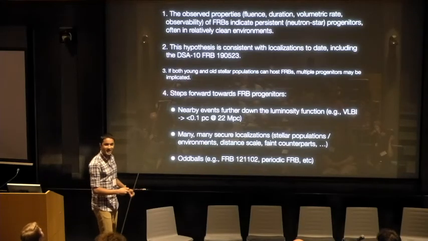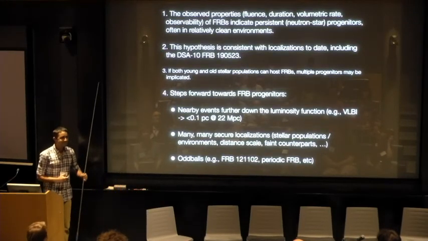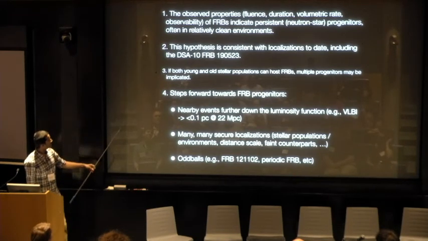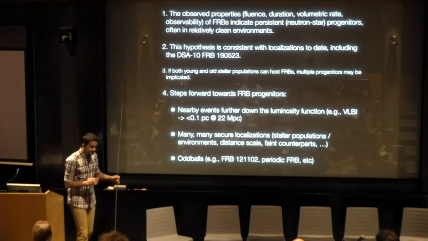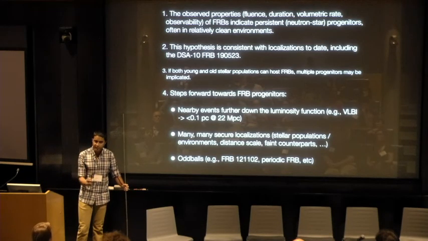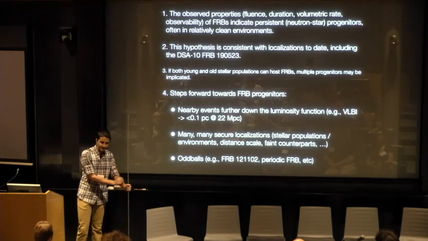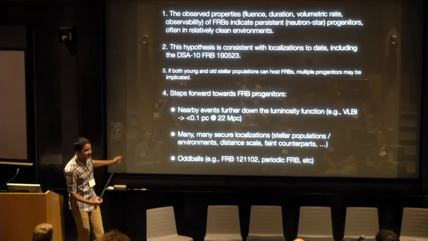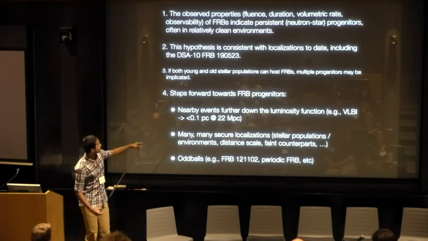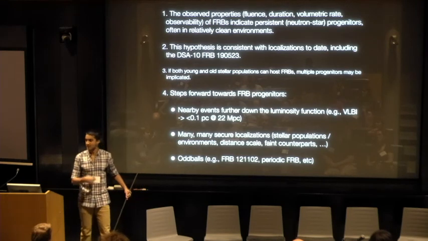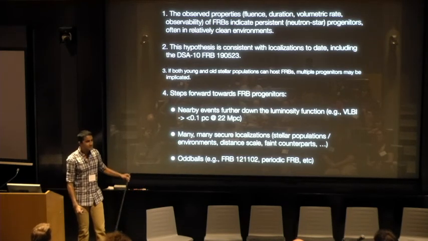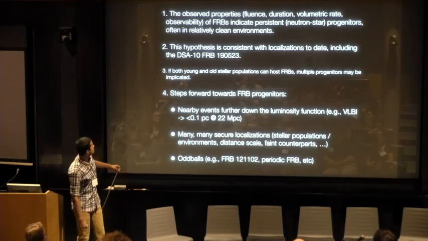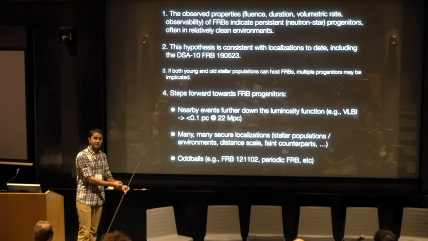And so finally, a few wise words, hopefully wise words. Starting off, I think it's becoming evident at least that various observed properties of FRBs, such as the volumetric rate, the very fact that we can observe them, their fluences and their durations, the fluences, of course, relating to energetics, seem to indicate at least persistent, likely neutron star, that's at least my view, progenitors, often in relatively clean environments.